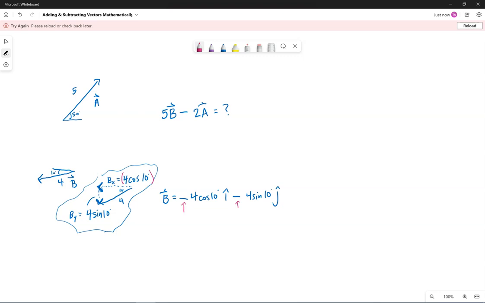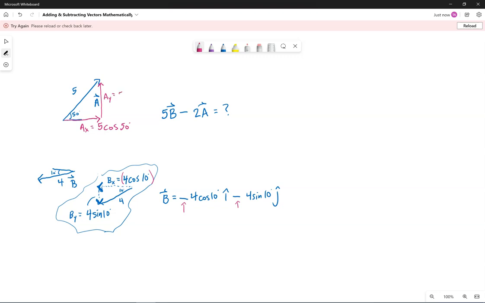Now we also need to write out vector A and figure out its components. We know it points to the right and upwards. This x component side is adjacent to the 50 degrees, so we will calculate the length of that by 5 cosine 50.